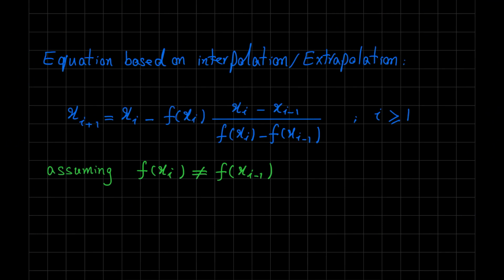Also remember that for this method, we call a as x_{-1} and b as x0 for the interval of a and b. This is very important to pay attention to, and these are the starting points of our iteration process, and then we obtain x1, x2, x3, and so on.